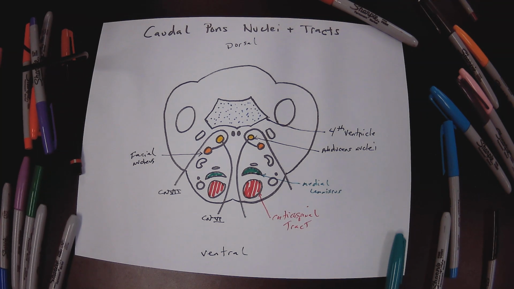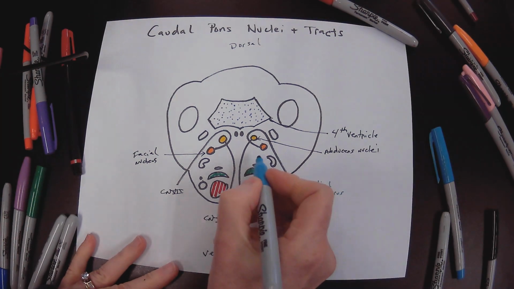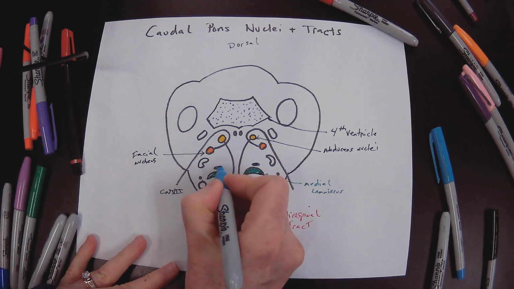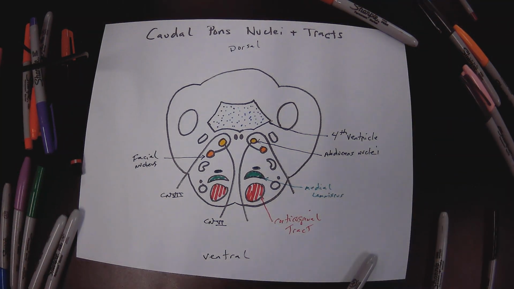Okay, there's your medial lemniscus. Something that hangs around with the medial lemniscus that we saw before is going to be just above it this time, so there's been a little bit of a position change. This is going to be your trigeminothalamic tract.